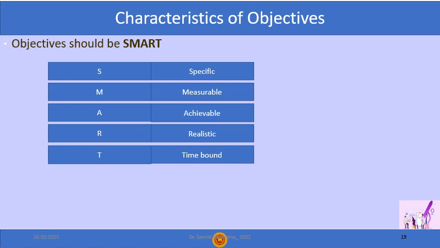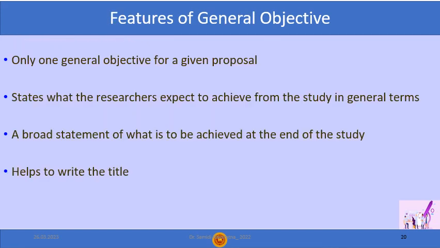There's somebody who will be monitoring your progress, so you need to answer questions like, by when will I be able to achieve this objective? So that's about it, about the SMART objectives. Okay, so let's move on.